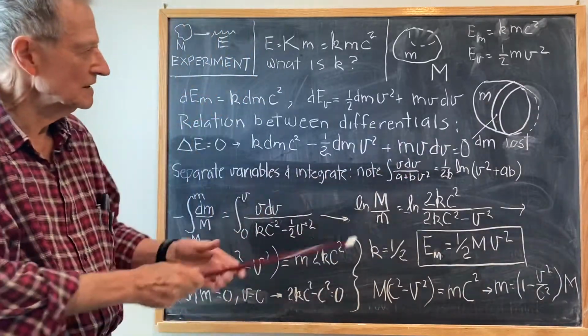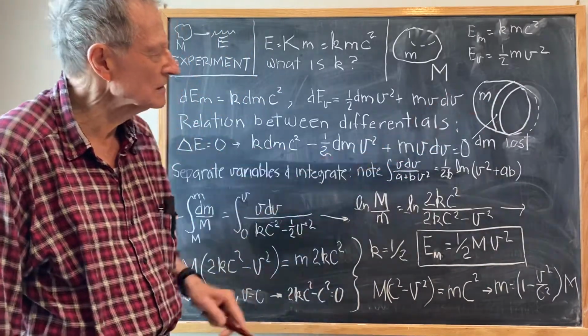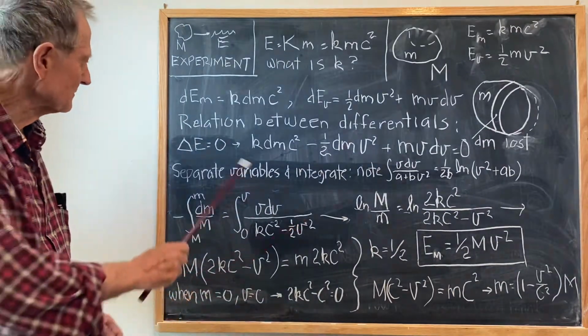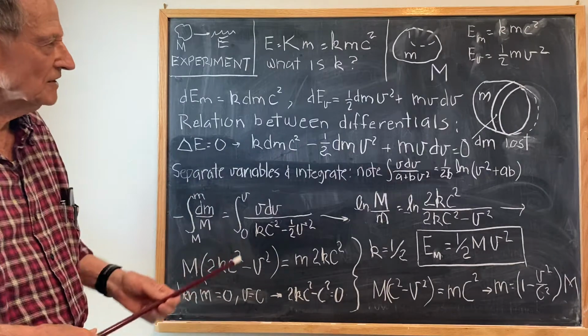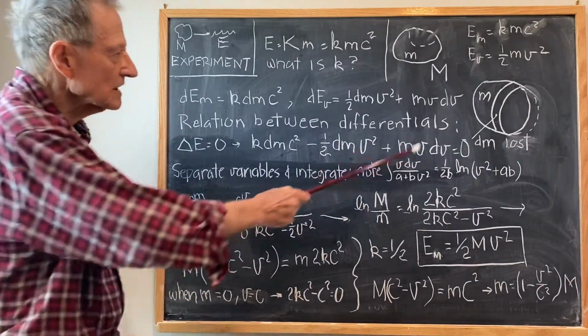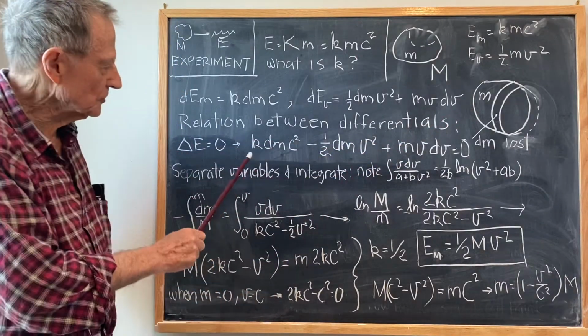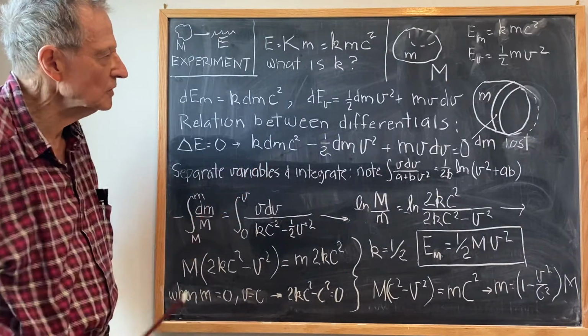So now, in the process of this slice dm being lost and converted to energy, the change in the total energy is 0. So the change in the energy is that this slice contributes energy K dm c squared.